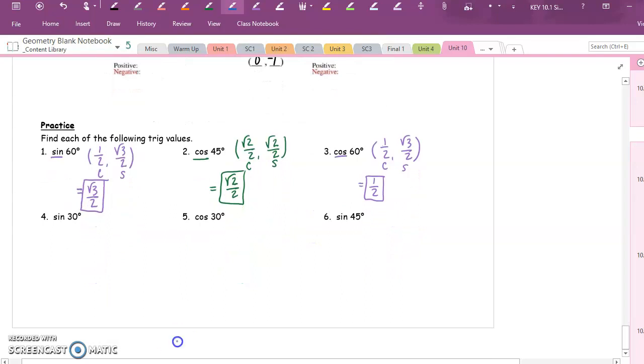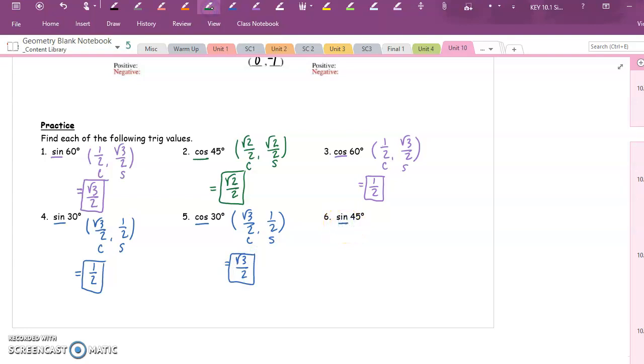So I'm going to write down that ordered pair. It goes cosine comma sine. So therefore, because it's sine of 30 degrees, my answer is 1/2. Let's do it again, except this time it's cosine. Cosine comes first, so therefore my answer is square root 3 over 2.